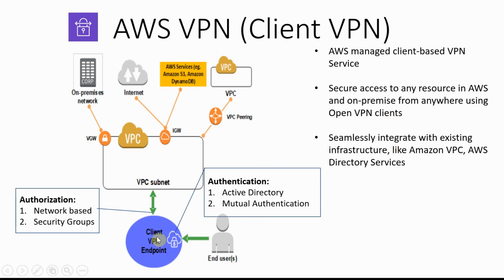It is not restricted to Amazon's VPN; you can use any open source VPN software. Similarly, it can integrate seamlessly with your existing infrastructure, like your VPC, AWS Directory Services, and so on. So that's the concept of the VPN client that we're talking about.